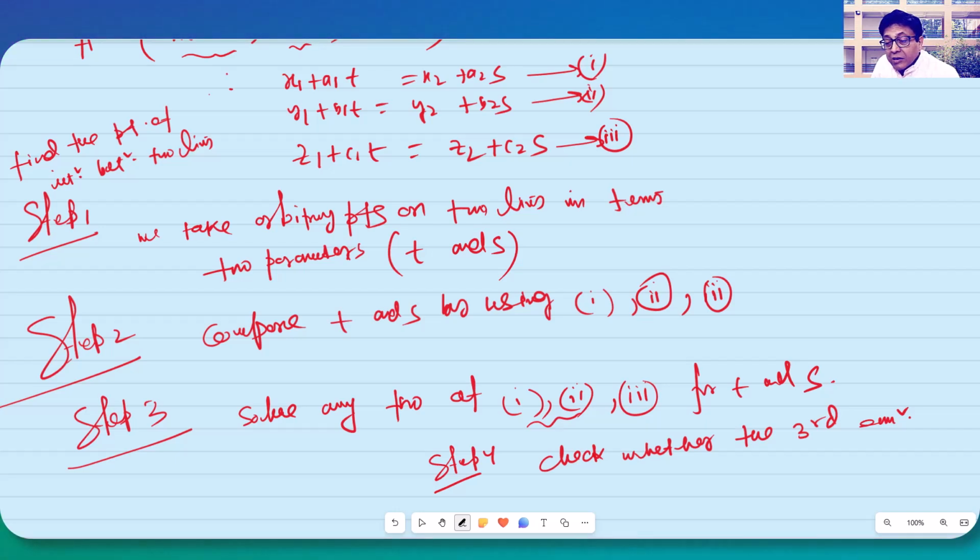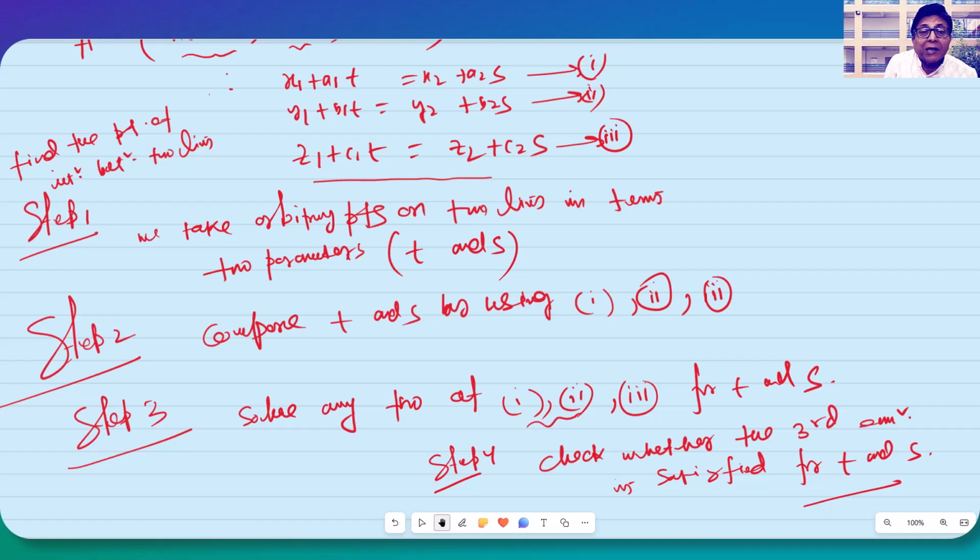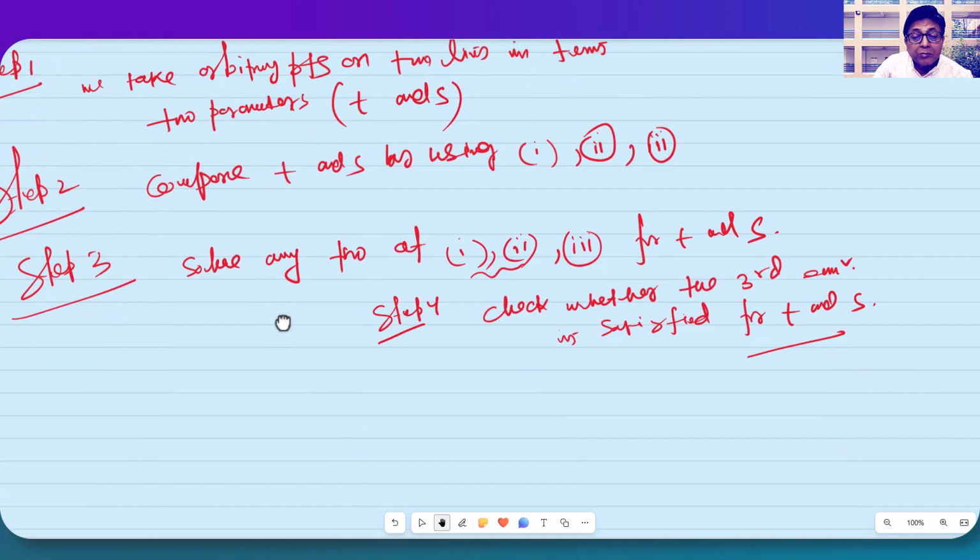Check whether the third equation is satisfied for the t and s which you haven't used for finding t and s. You have to check whether the third equation is satisfied by those values of t and s which you have got in 1 and 2.